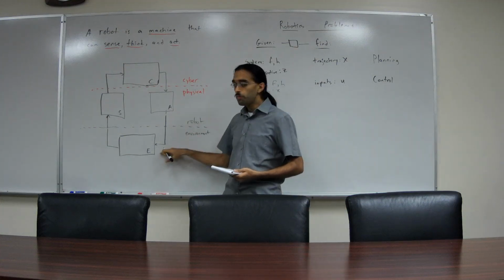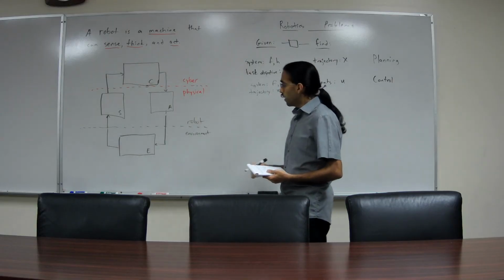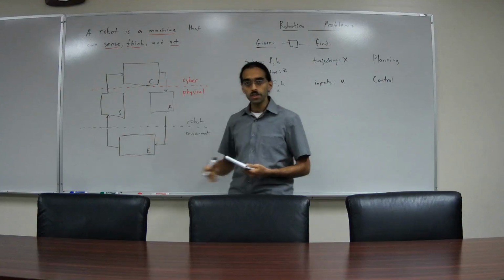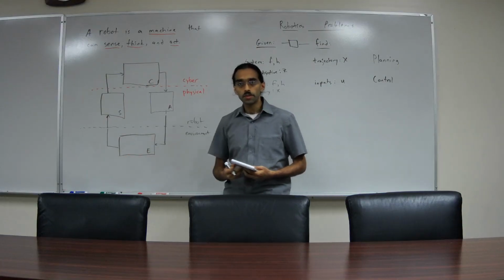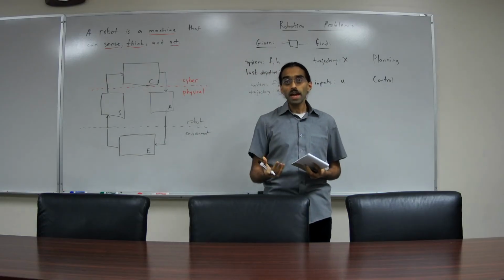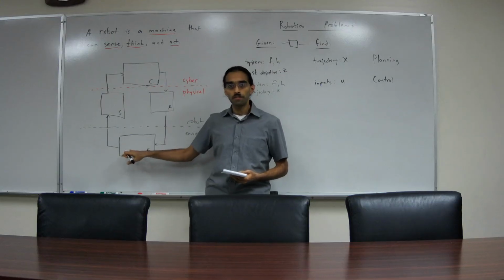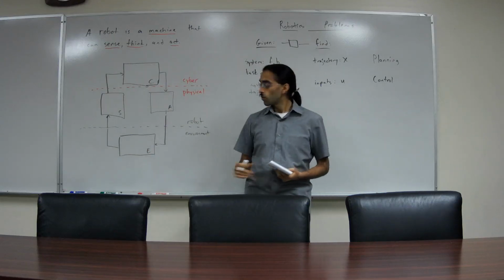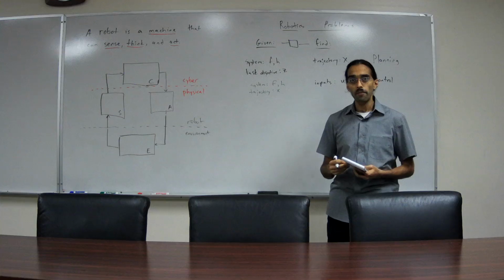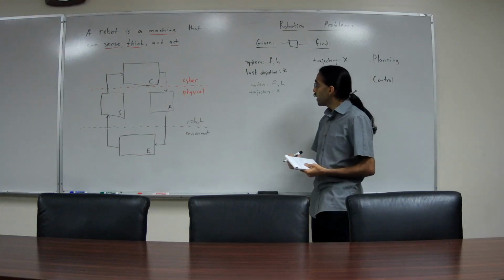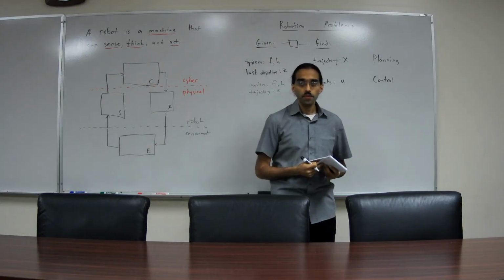But if we have an input to our environmental system, and our environmental system is a stateful system, there may be some state involved in the environment. And in fact, our task may consist of trying to define the state of the environment rather than just trying to define the outputs to our robot. And in that case, we may need to know what the state of that environment is.